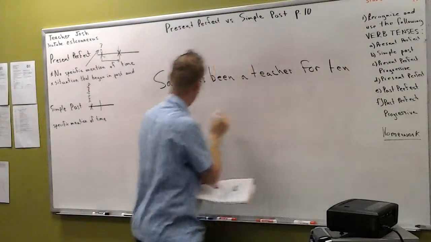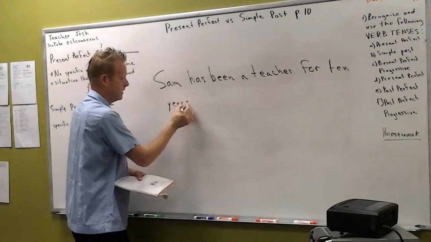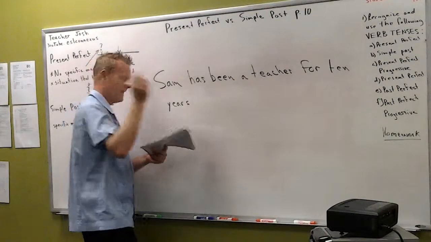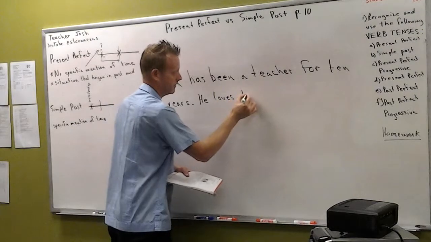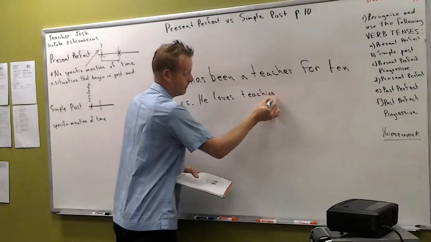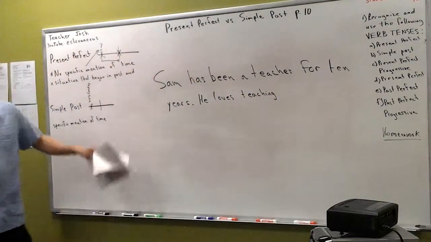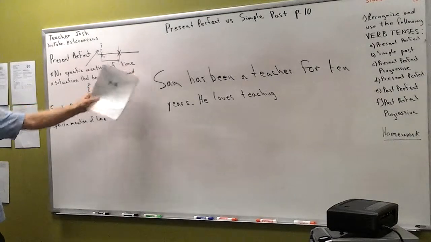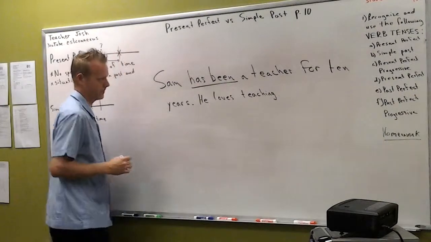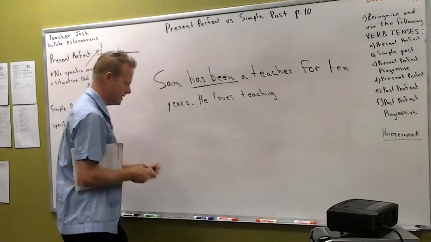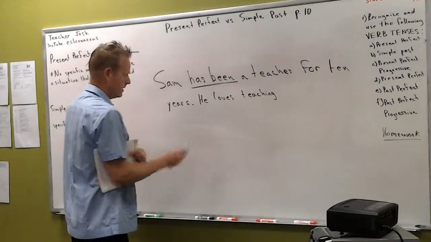Wow. 10 years. He loves teaching. Alright, so where's the verb in the sentence right here? What tense is that? Good. It's present perfect. So we're looking at this one.